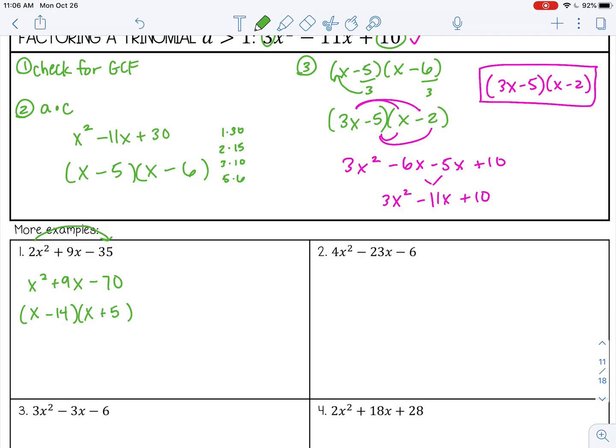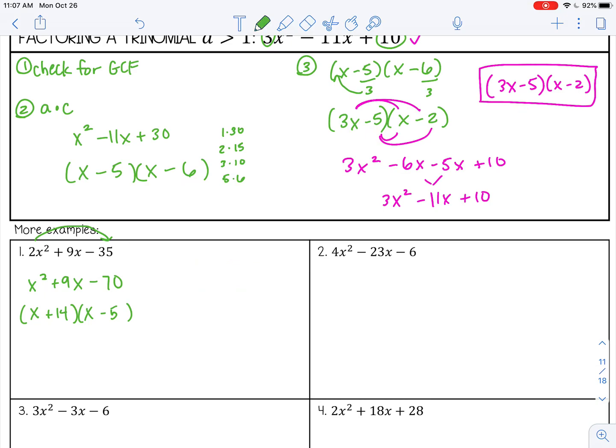So you're just going to have to do trial and error here. +14, -5. There we go. So figure out your numbers and then figure out your signs. And make sure, 14 times -5, that's -70. 14 minus 5, that's 9.